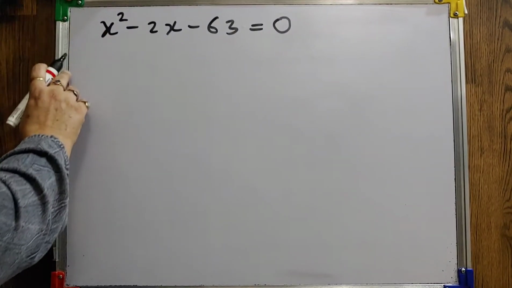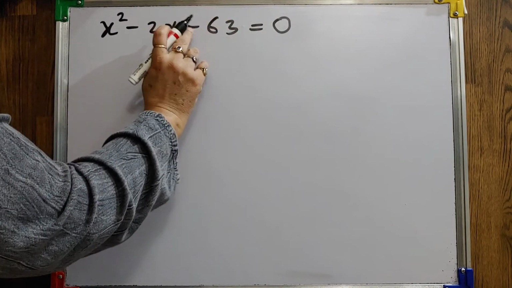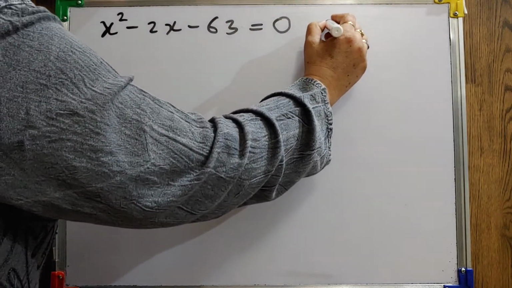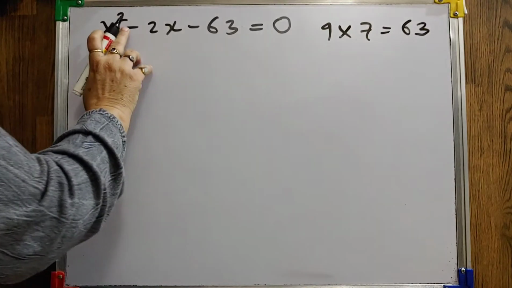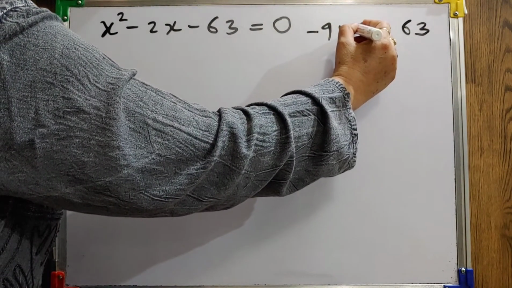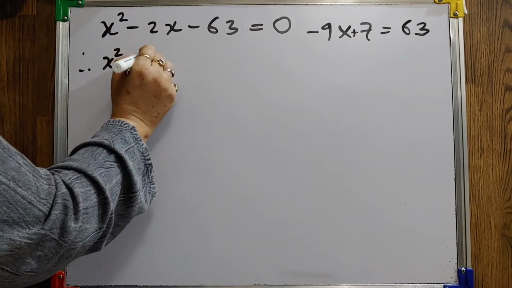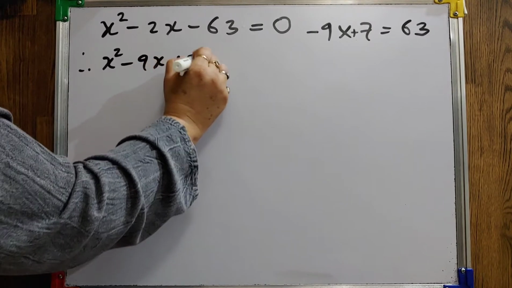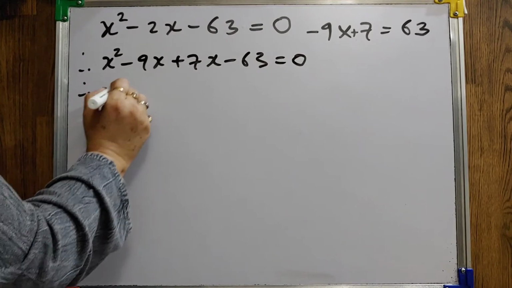Students, let's solve this one. Multiplication should be 63 and difference should be 2. So it is 9 7s are 63. Now this sign is negative, so the larger will get the negative sign, the other will get positive. So instead of this minus 2x, we can write minus 9x plus 7x. Okay. Then take x common.